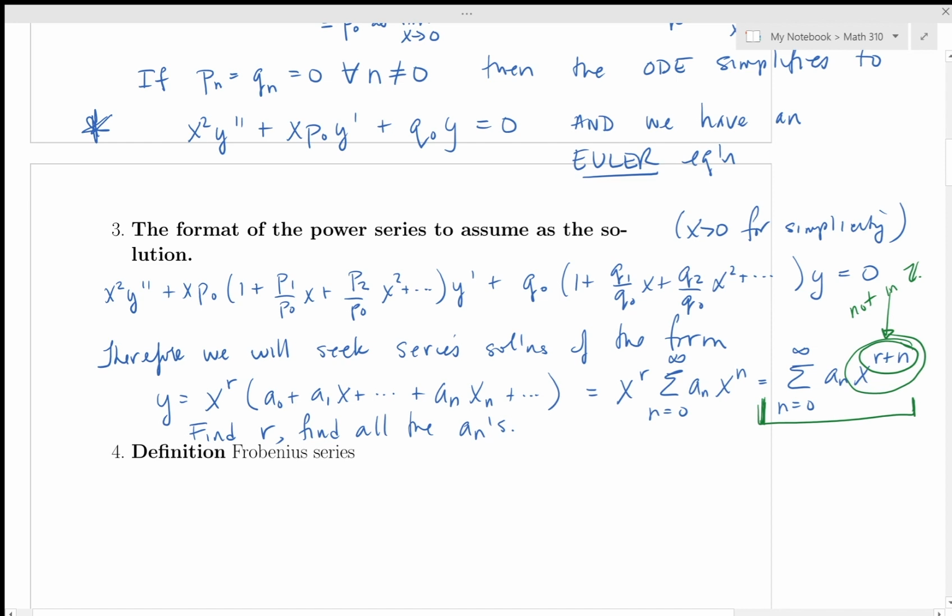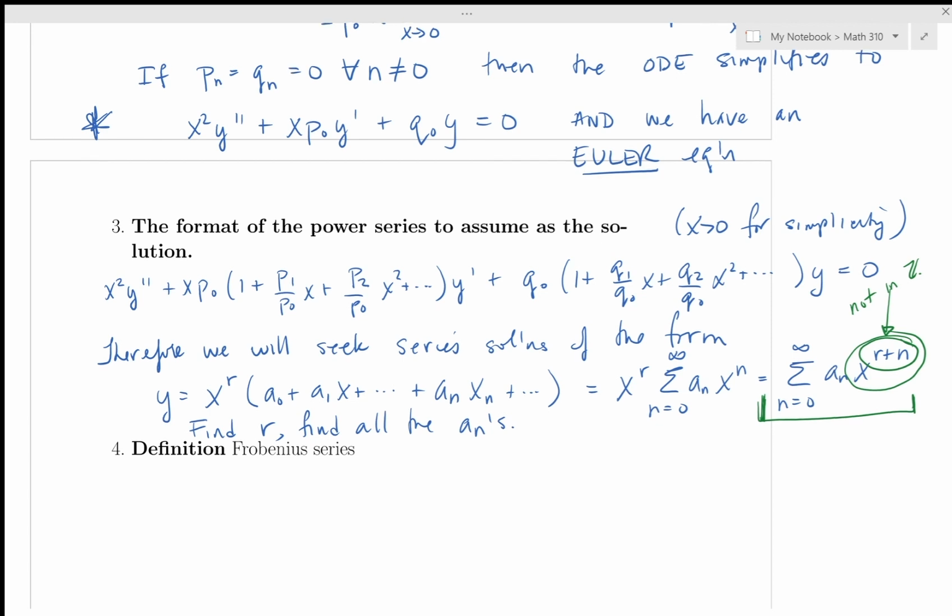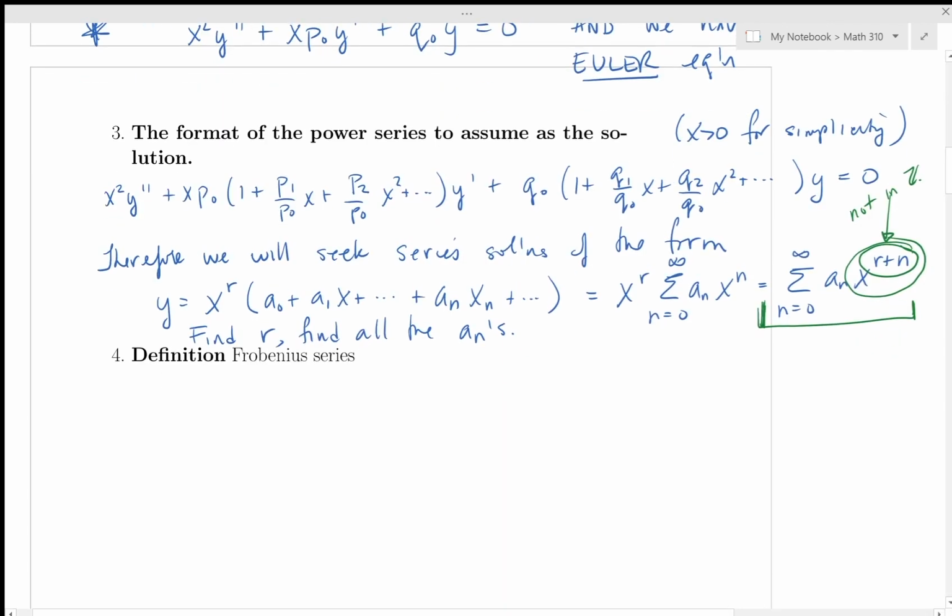It's not necessarily an integer, so r plus n is not an integer. So it is not a power series. It is an infinite series, but those exponents on x are not necessarily integers. So we have a special name for this type of series. We don't call it a Taylor series or a power series. We call this the Frobenius series.